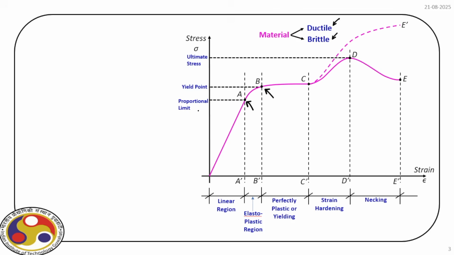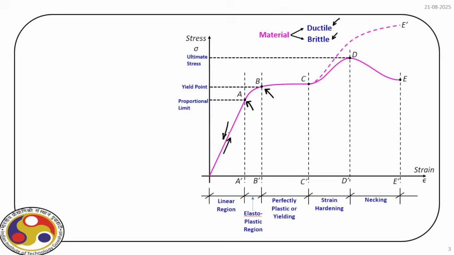Now, this point A is the proportional limit. That means if we start from 0 where there was no external loading and then we apply the load, obviously, as the material is elastic, if we load, it will follow this path, and once it reaches point A and if we start unloading, it will actually come back to its original position.